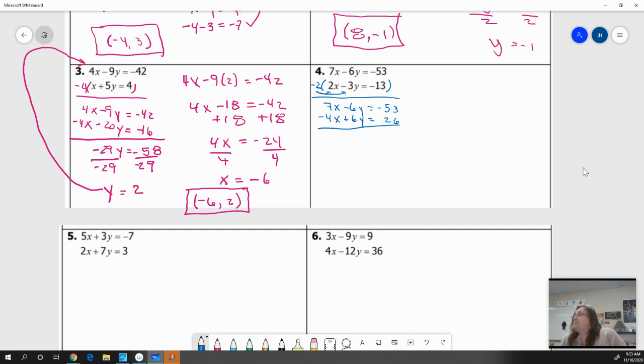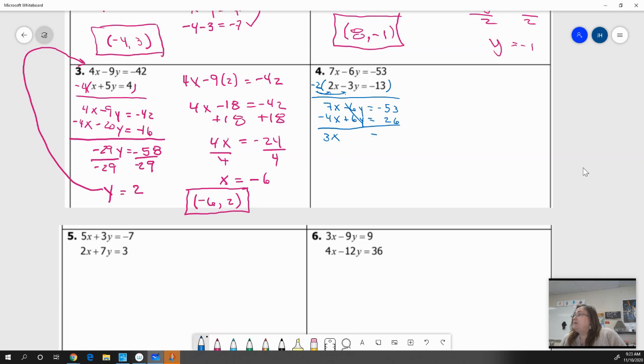And we get, well, we have 7x minus 4x. That's just 3x. Our whole reason for being was that minus 6y plus 6y is 0. So we've eliminated our y's.